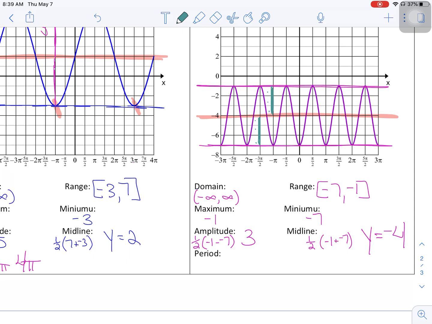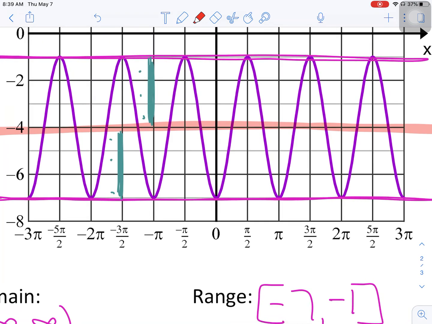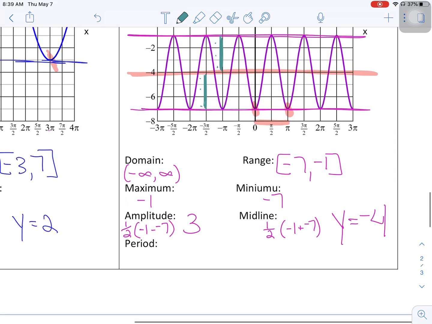All right, I know my amplitude and midline are correct. And last piece I'm going to fill in here is my period, and I'm going to really get zoomed in here. I'm going to go from minimum to minimum here, mostly because I could start with 0. And that's 0 to pi, which means this graph has a period of pi.